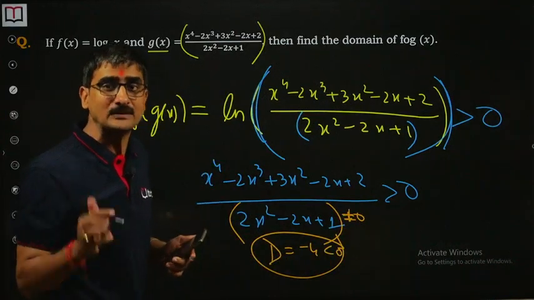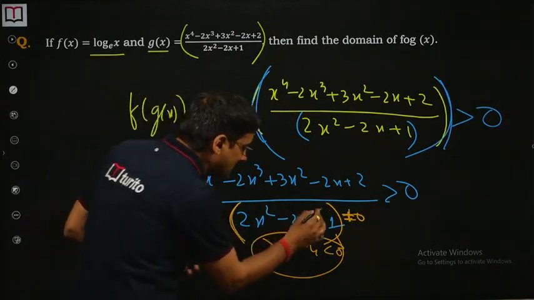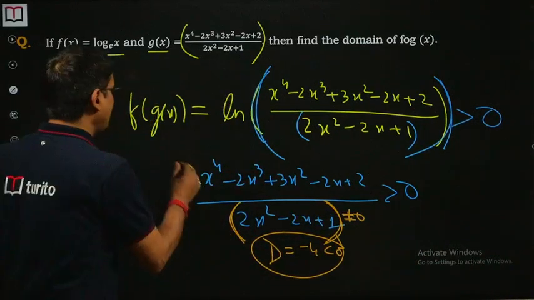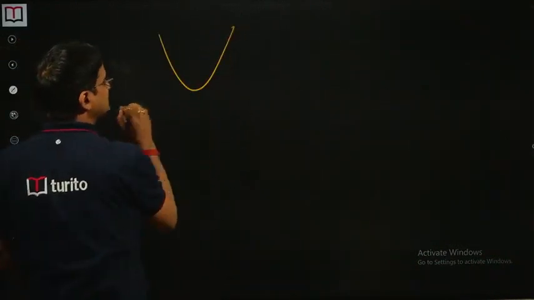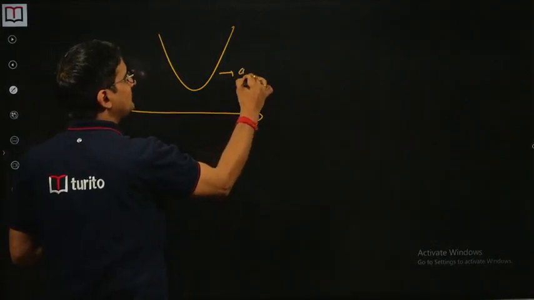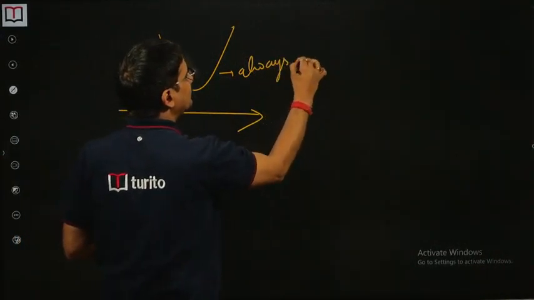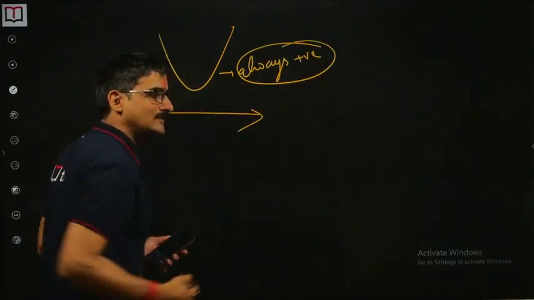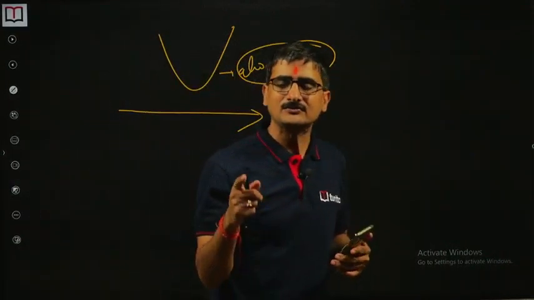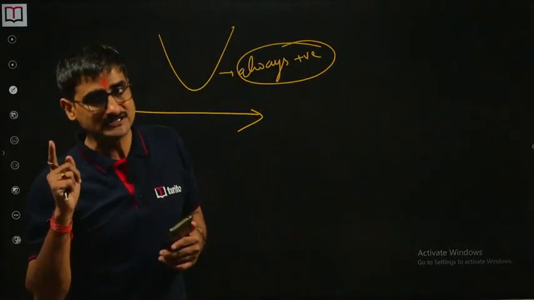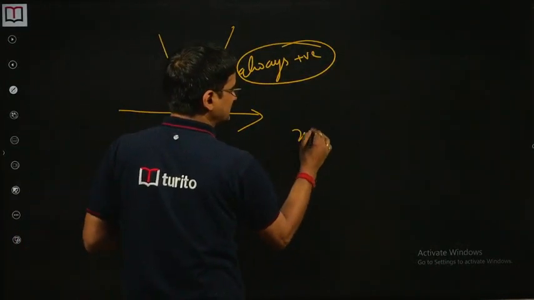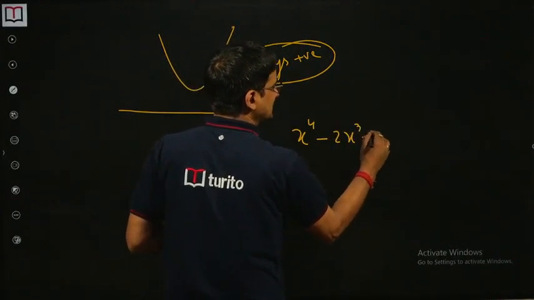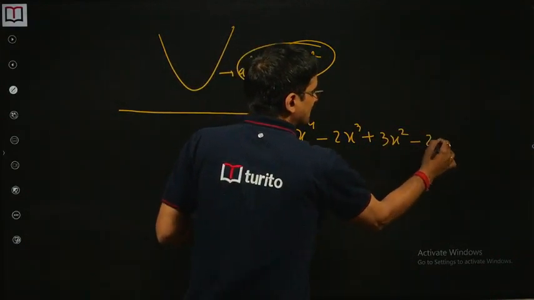That's not a problem. Moreover, it's an open upward quadratic, and an open upward quadratic whose discriminant is negative is always positive. I believe all of you will agree with me. So the denominator is always positive, and we are left with just this case here.